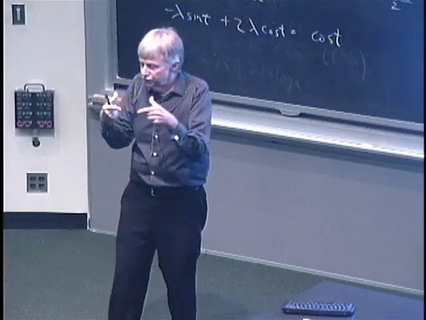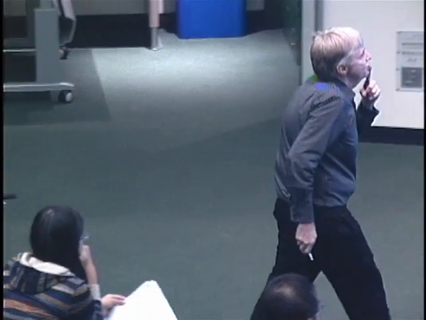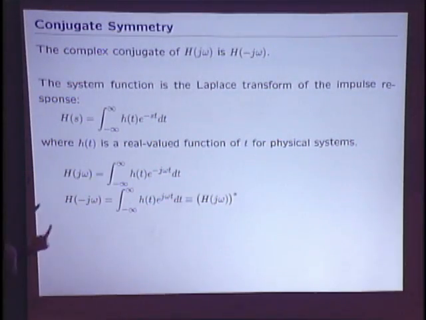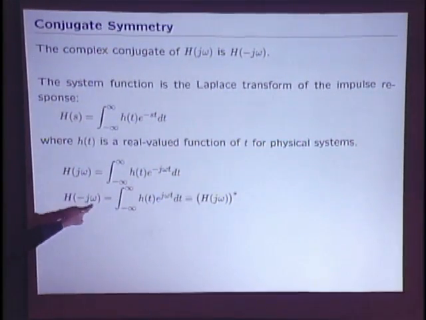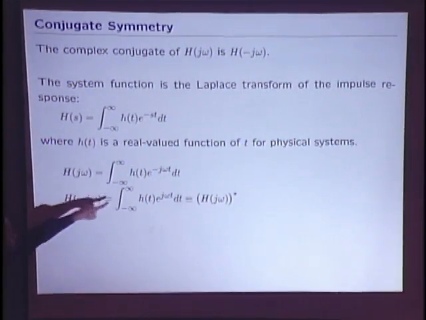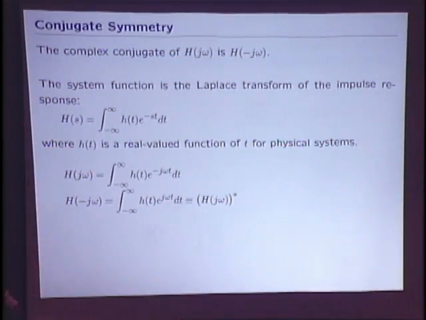If I'm interested in frequencies that are the negative of each other, plus or minus j omega naught, in order to form cos omega naught t, then I'm interested in two different system functions, h of j omega and h of minus j omega, which happen to be complex conjugates of each other.